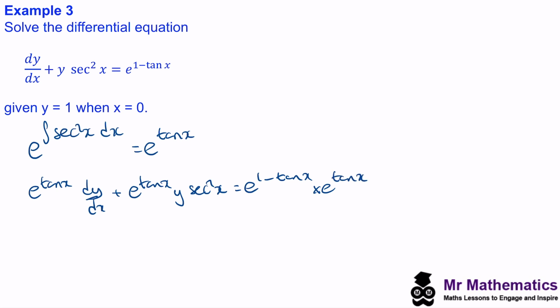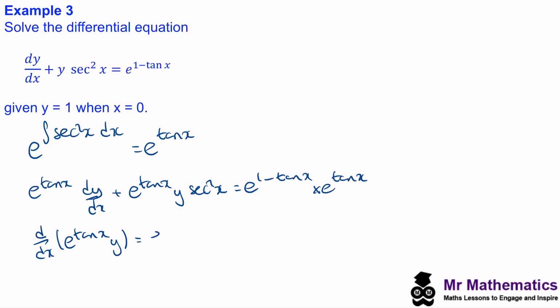And again, we can use the reverse product rule, where using the chain rule, the derivative of e to the tan x is sec squared x e to the tan x, and the derivative of y is dy by dx. So this becomes d by dx of e to the tan x times y is equal to the right hand side, where we can simplify the powers by adding this tan x to this negative, so it becomes 0.